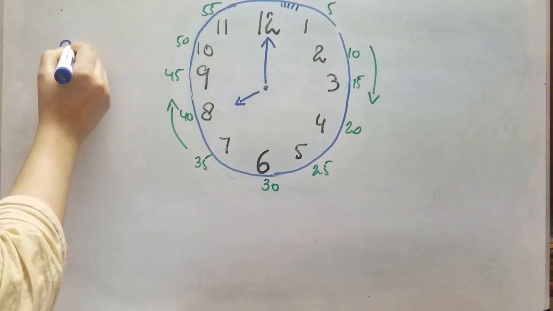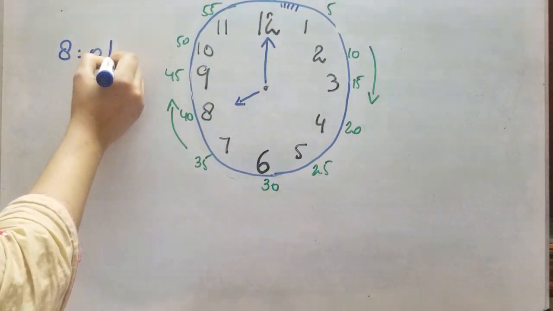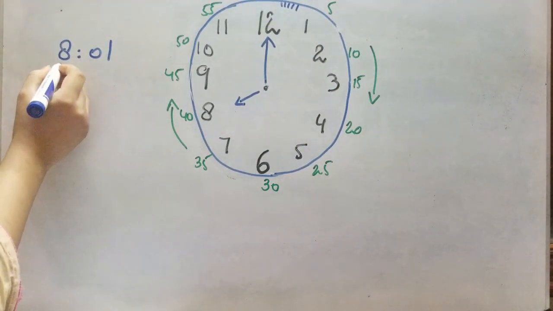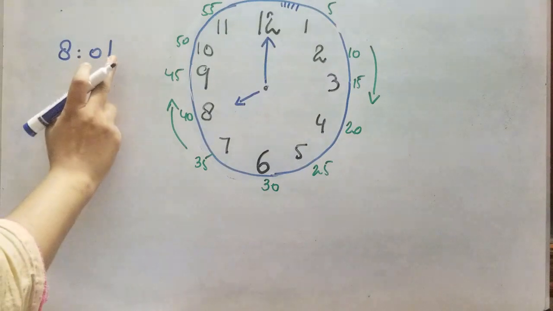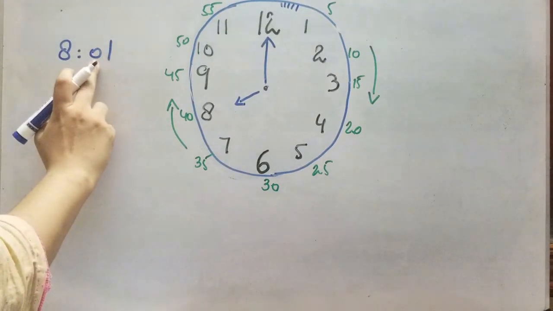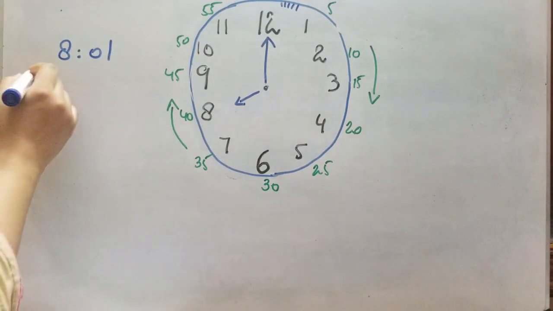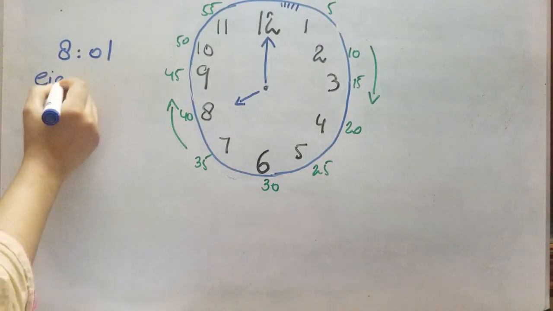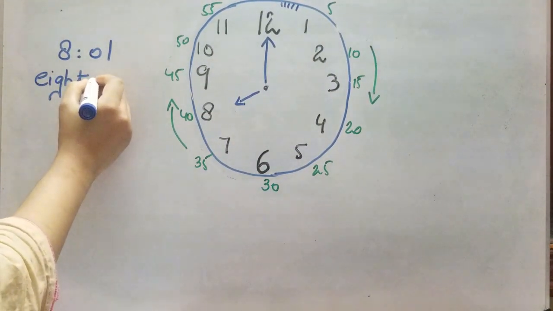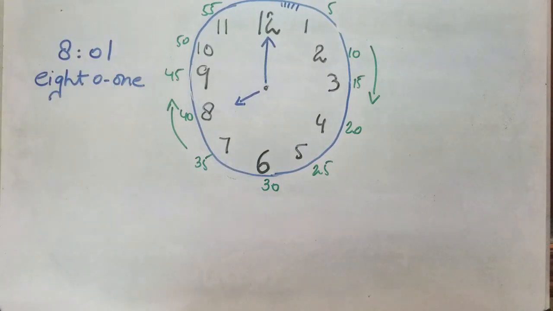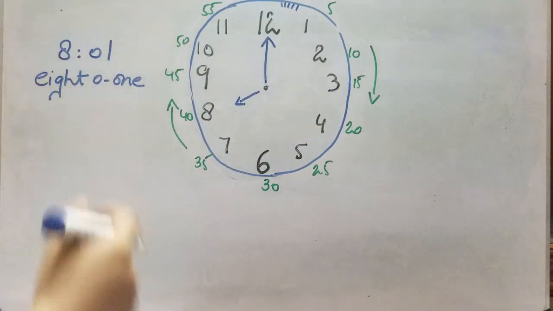If you have digits like this, on your left is the hour and on the right is regarded as the minute. So you are going to read it as 8:01. If someone asks you what is the time, you are going to say it's 8:01. That means 1 minute has passed.